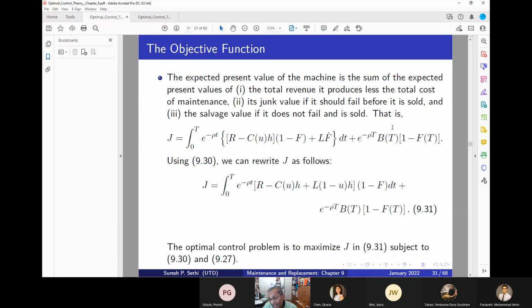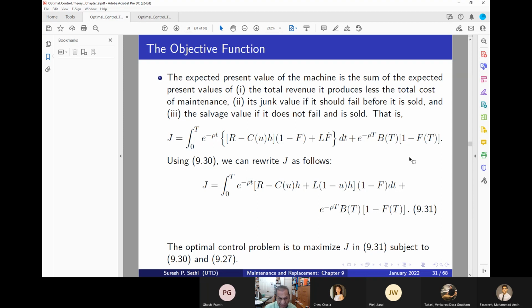But if the machine failed exactly at t, then you can put bt times L, but bt times L times 0 because it's only at one point. It's already there. The rate at which a machine is failing at t is contributed by taking the integral from 0 to t. So all I need to do is add the salvage value, provided the machine has not failed.